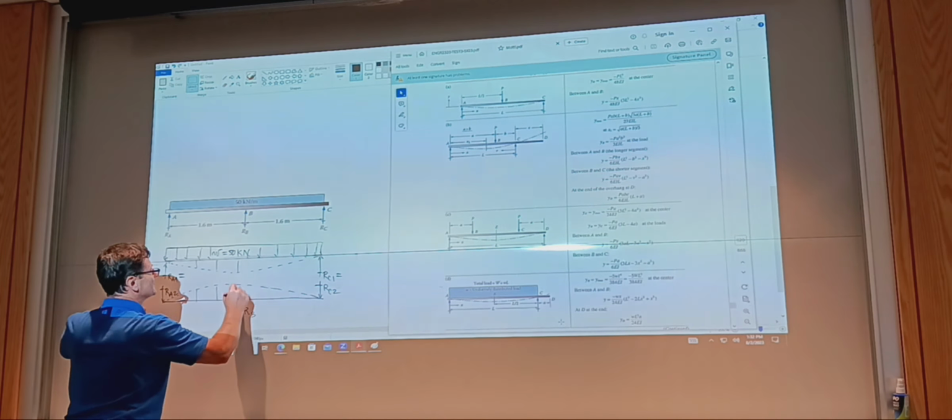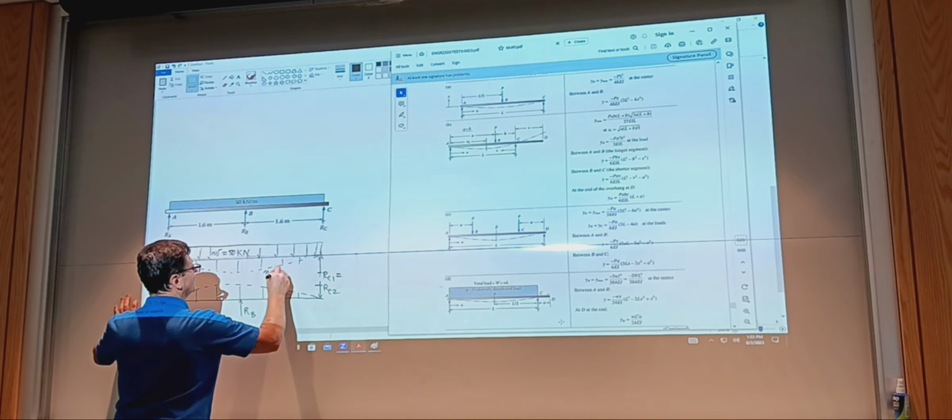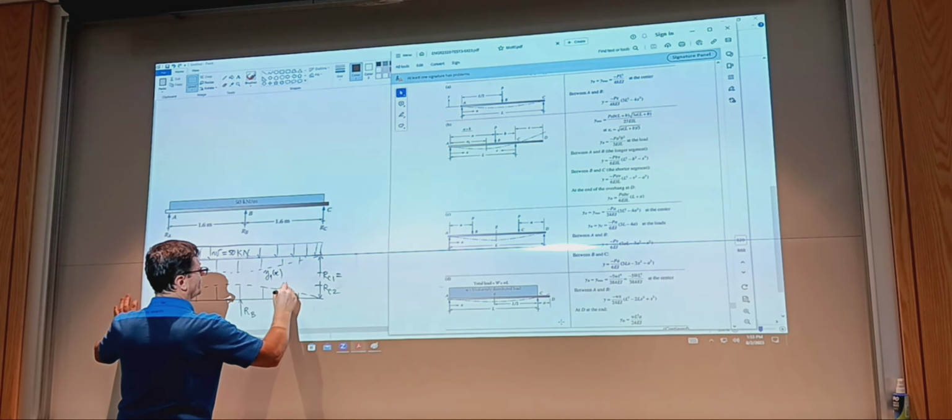If I have the equation of this line and the equation of this line, I just add them. So this one will be y1 of x, this one will be y2 of x. The resultant equation will be y of x equals y1 of x plus y2 of x in general.